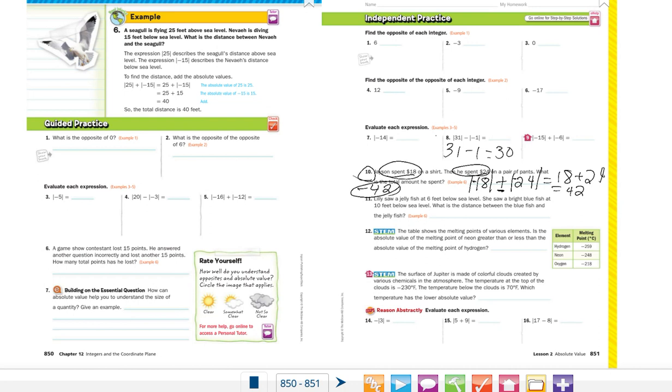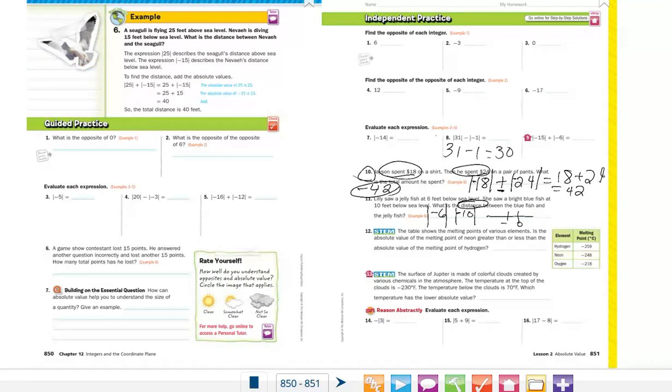Number 11, Lily saw a jellyfish at 6 feet below sea level, -6. She saw a bluefish at 10 feet below sea level, -10. Look, this asks about the distance between the two. So because that's distance, we're going to find the absolute value between the two. So imagine this number line. Here's 0.